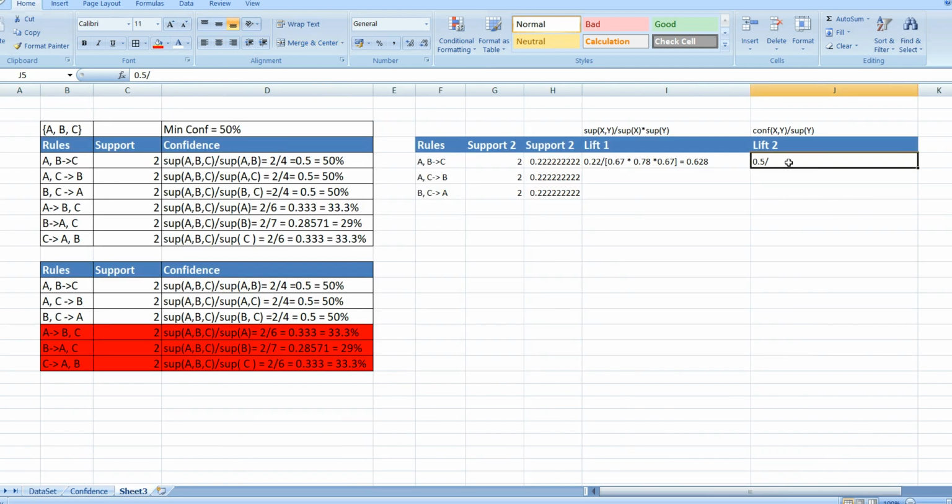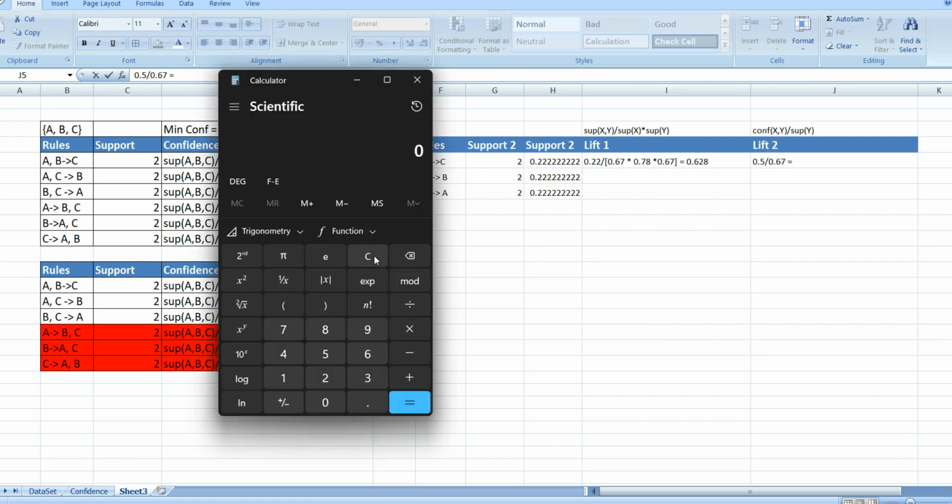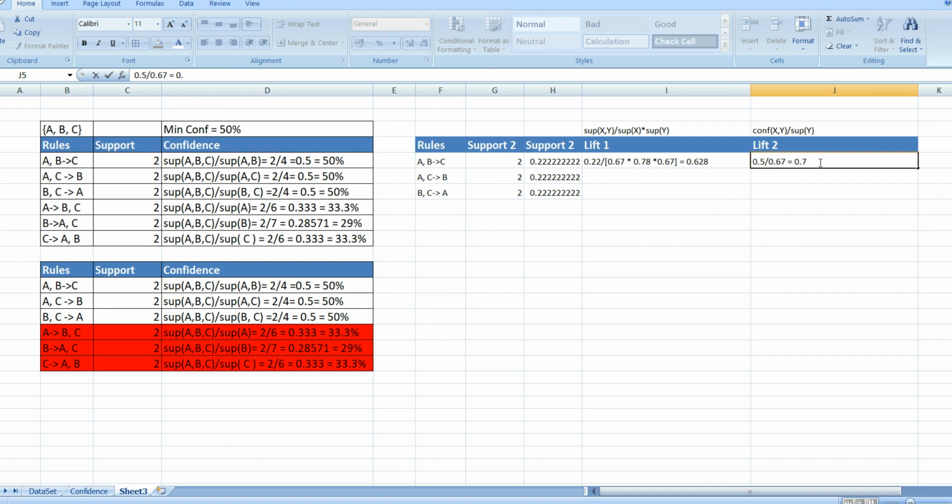So we bring 0.67. This gives us a value of, let's put that in our calculator, 0.5 divided by 0.67, we get a value of 0.74, which is slightly different from the one that we have found in this other method.